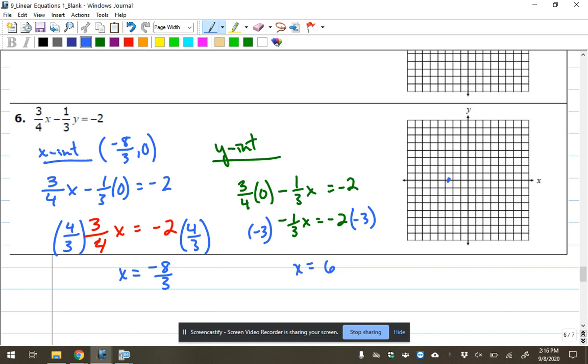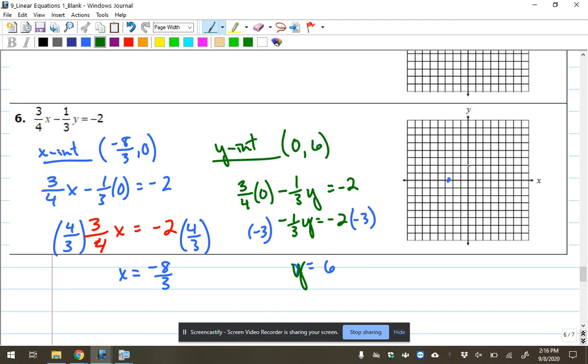So it'd be +6. That should be a y. Sorry about that. It wouldn't be a normal day if I didn't make a mistake. Those are y's. So our y-intercept is at (0, 6).